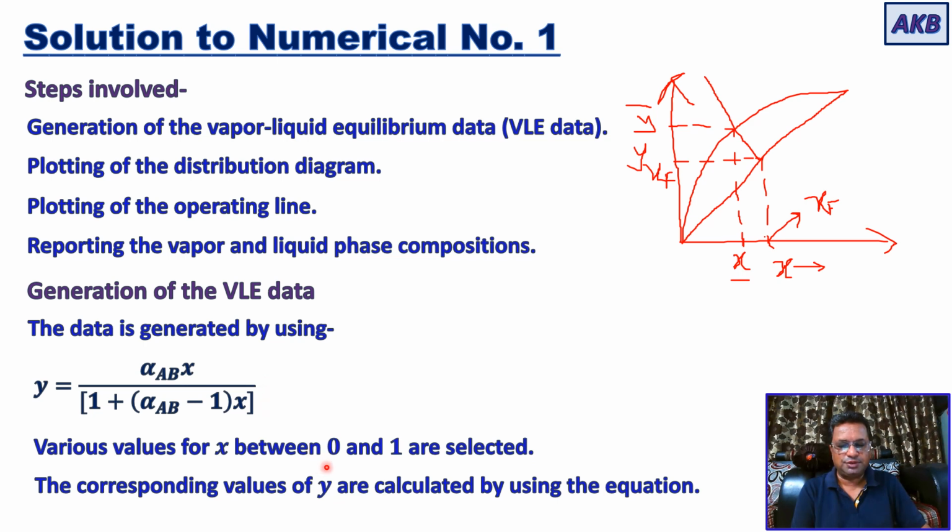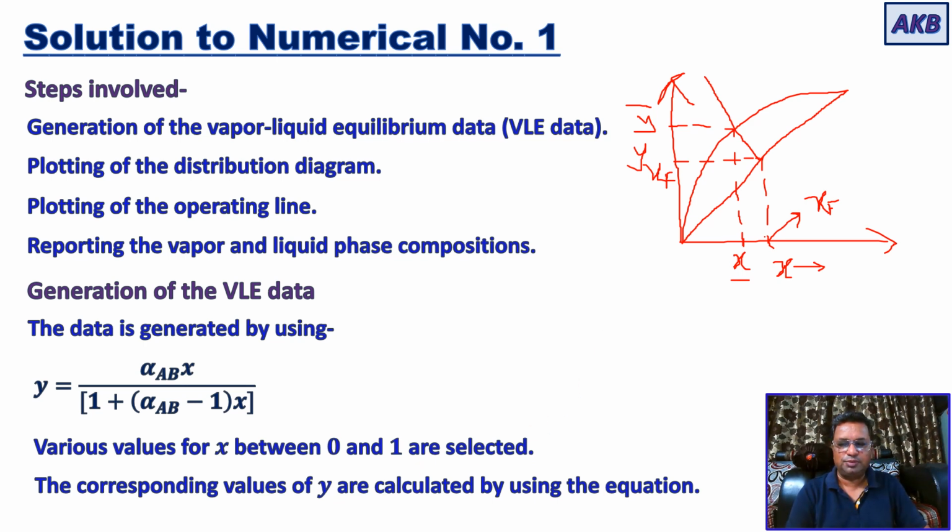Why the range between 0 and 1? Because the minimum value for x can be 0 and the maximum value can be 1. X being a mole fraction, it cannot be more than 1. That's why we need to select various values lying between 0 and 1.